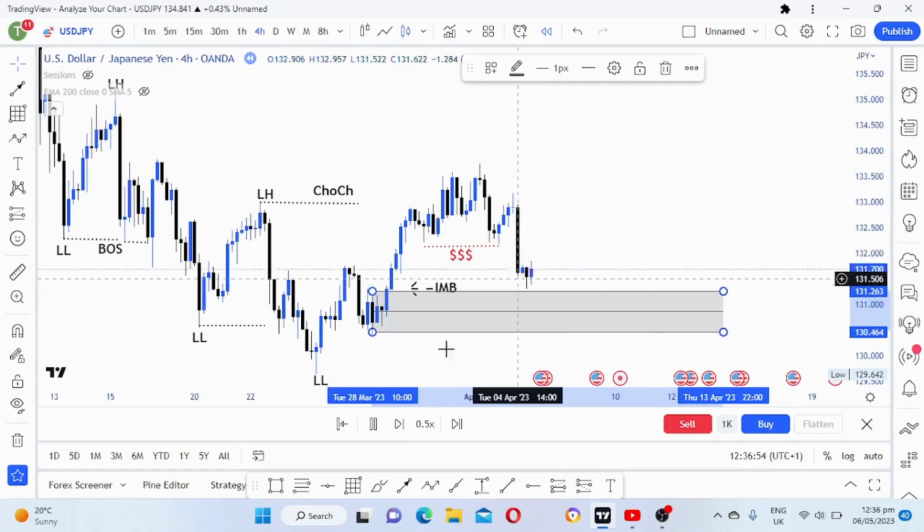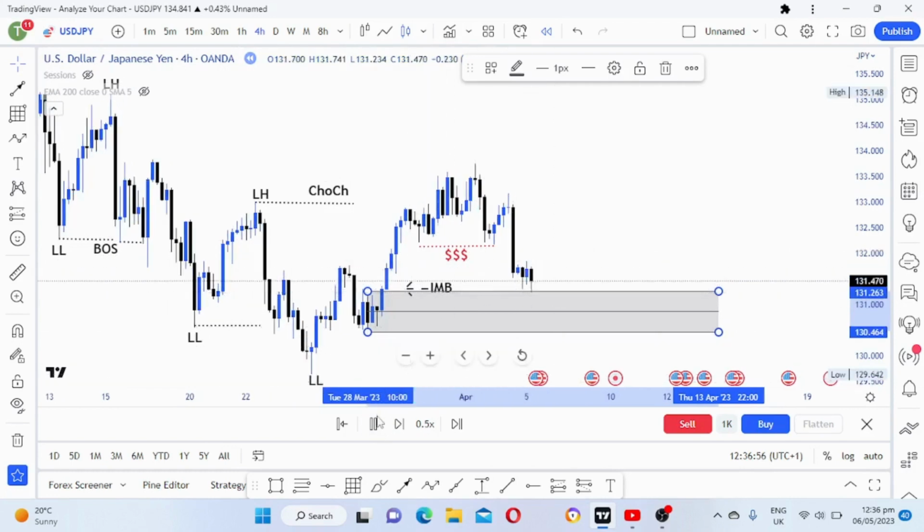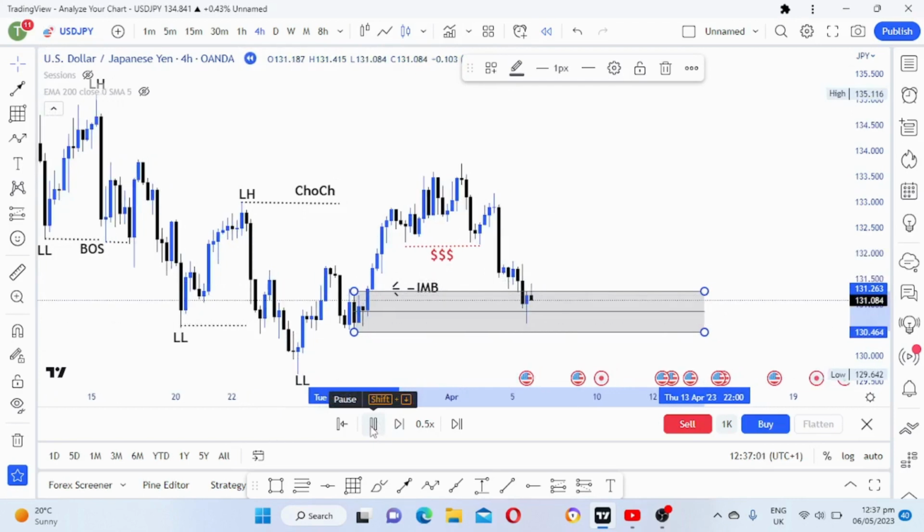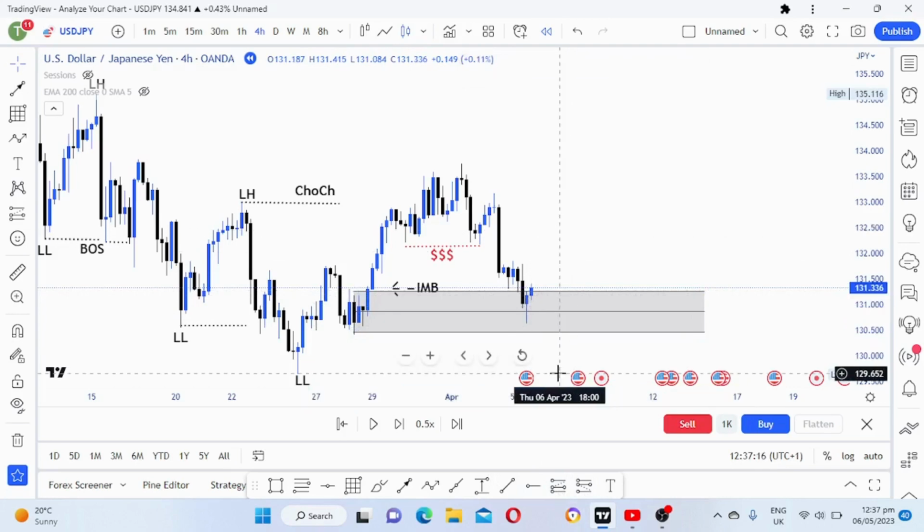See now, price rejects this demand zone. What do we see? We see a bullish hammer. After the bullish hammer, after this candlestick closes, we put a buy here.